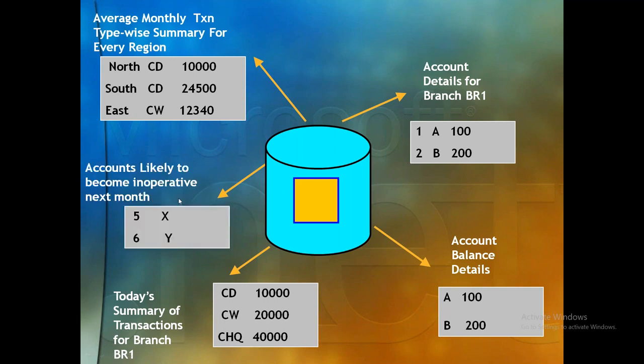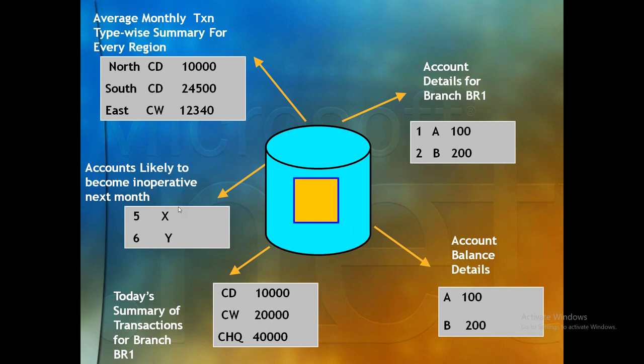Accounts likely to become inoperative next month. So what is this? I want to know the people who did not do any transactions for more than 6 months. Clear? So I want to write a query and use it. If you don't do any transaction for more than 6 months, what will happen? You have already crossed 5 months, so next month will be your sixth month.